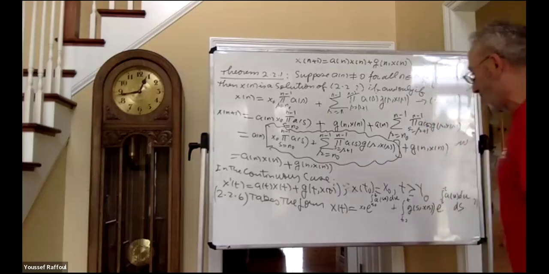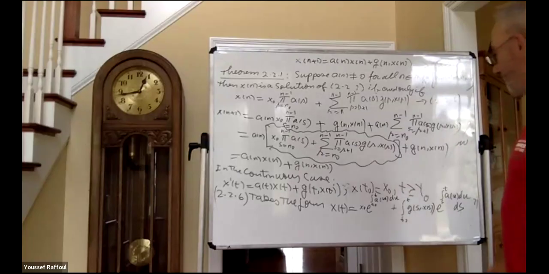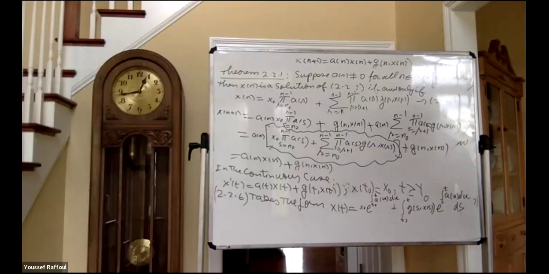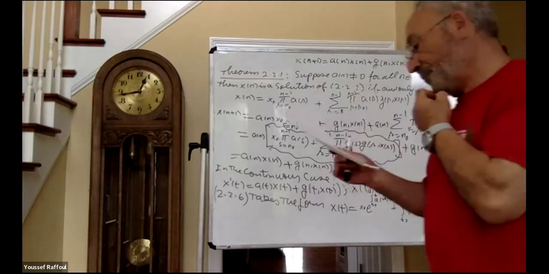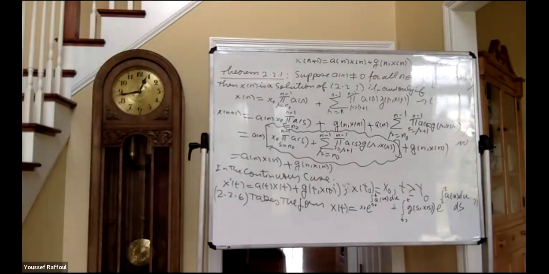All right, you see the product is exponential. The product here is exponential. Okay? So this is what really happened in the continuous case. All right. Any questions? All right.